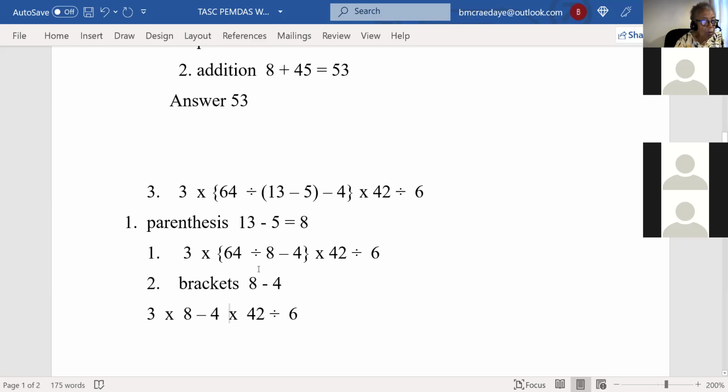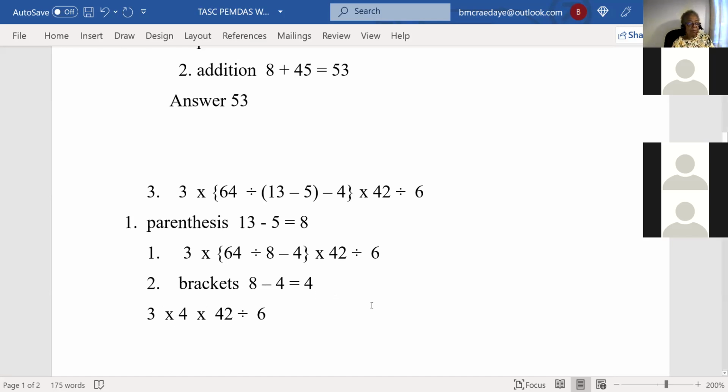Okay, so the complete what's within the brackets, the 8 minus 4, is equal to 4. So this would be 3 times 4 times 42 divided by 6.